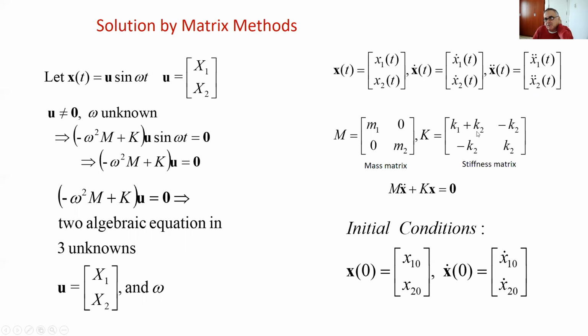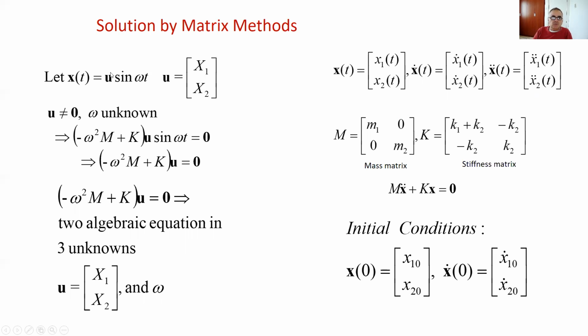Mass and stiffness matrices are as usual. They are shown here. So you have Mx double dot plus Kx equals 0 with 4 initial conditions. Some of these might be 0. It doesn't matter, they are still initial conditions.